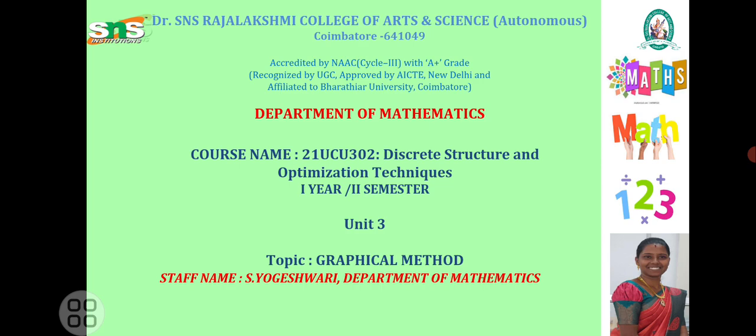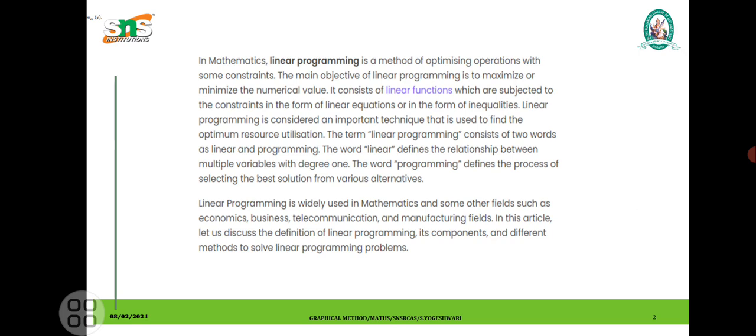So the topic is graphical method. First of all, the graphical method is given in the session of linear programming problems. In mathematics, linear programming is a method of optimizing operations with some constraints. The main objective of linear programming is to maximize or minimize the numerical value.